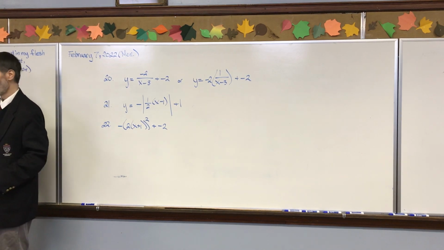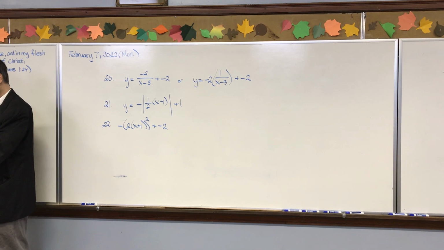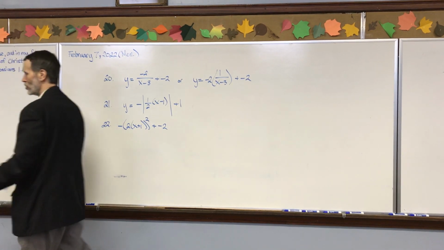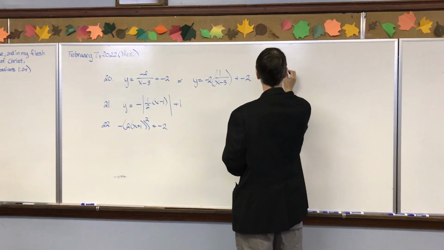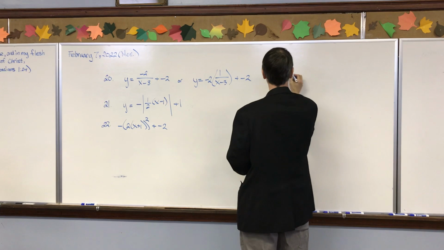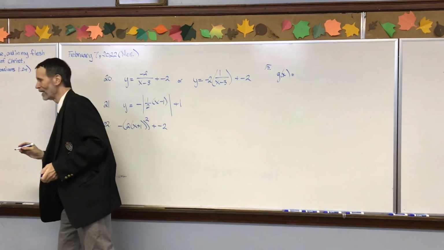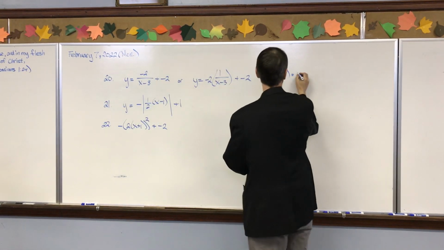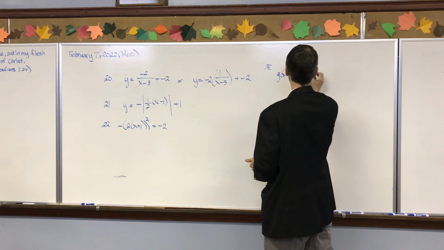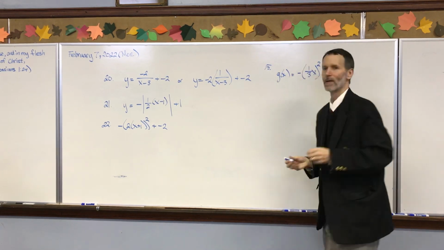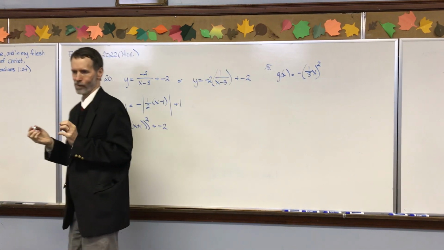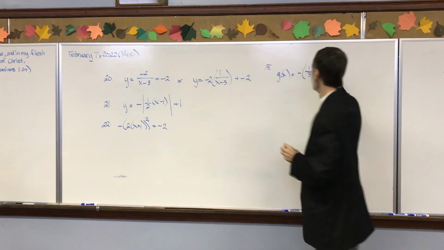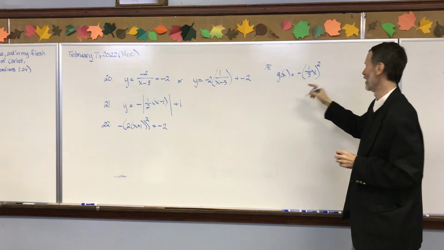Yeah? 15. Let me go back up there. So g of x, which is just basically y, 15, equals negative parentheses 1/3 x squared. I did drop a hint saying this wasn't in vertex form yet. You notice the entire thing is squared.